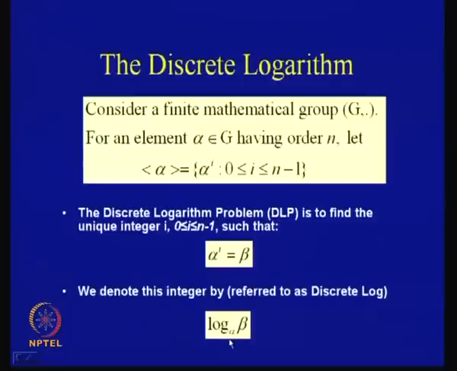This is commonly referred to as the discrete log of beta with respect to the value alpha. Now, for proper choices of this group, that is, if I choose the parameters properly, as we will see in the context of cryptanalysis, the computation of this value is considered to be a computationally difficult problem. Therefore, this is a candidate one-way function.